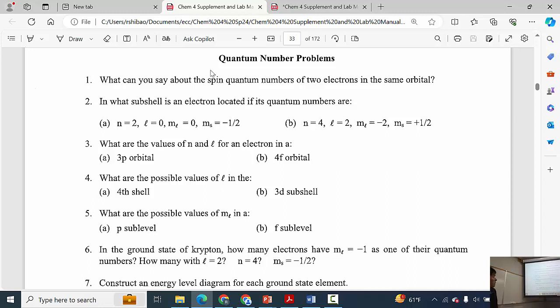Let's take a look at the supplement and look at the quantum number problems from the supplement. One, what can you say about the spin quantum numbers of two electrons in the same orbital? What can we say?